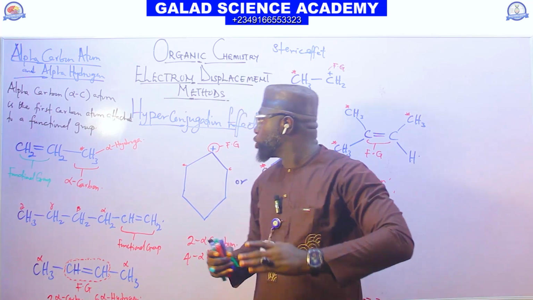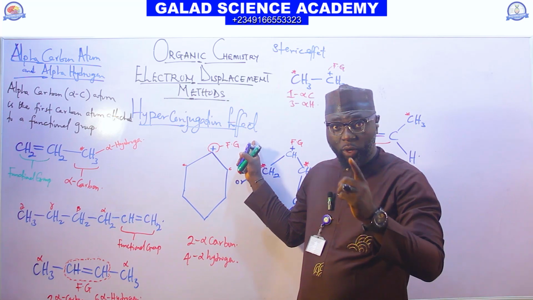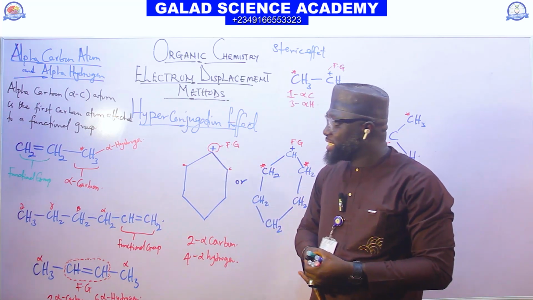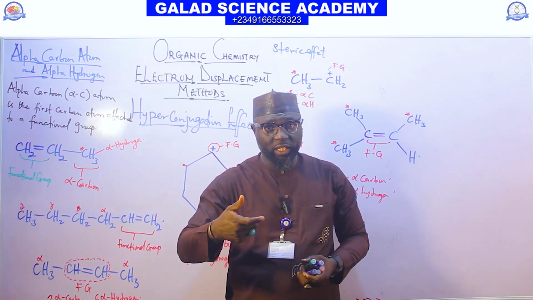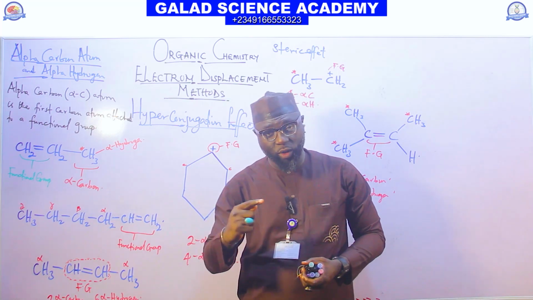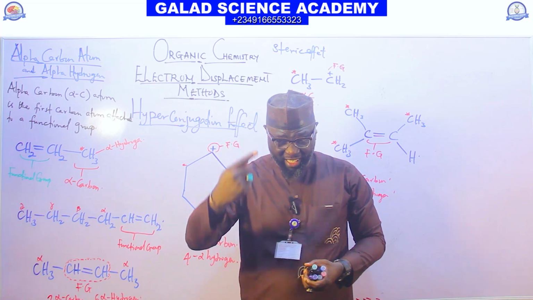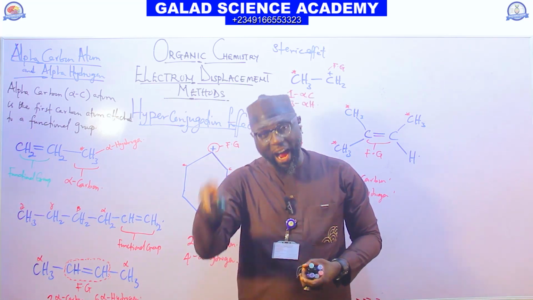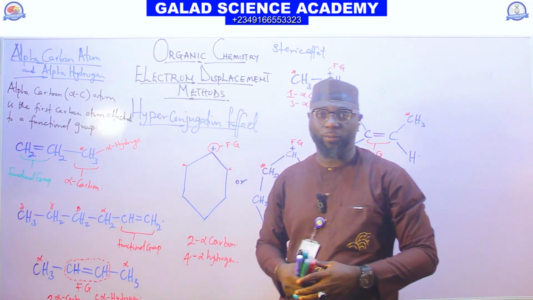We are now good to move to the hyperconjugation effect. The hyperconjugation effect deals with the shifting of sigma bond electron of alpha hydrogen in alpha carbon.